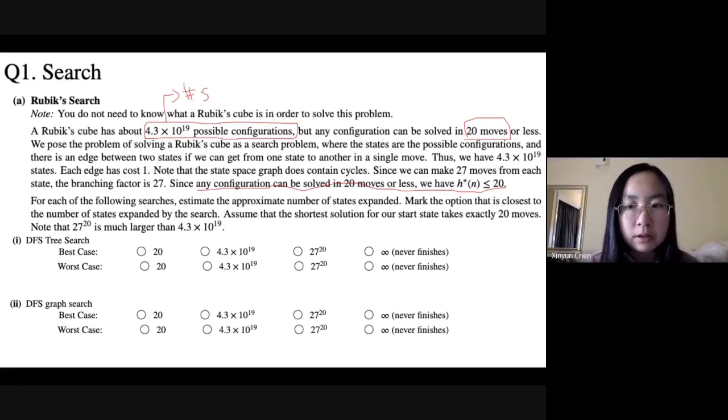Then the third thing we need to understand is that the branching factor is 27. It means that starting from each node in the search tree or graph, there are at most 27 other nodes that are directly connected to this node.